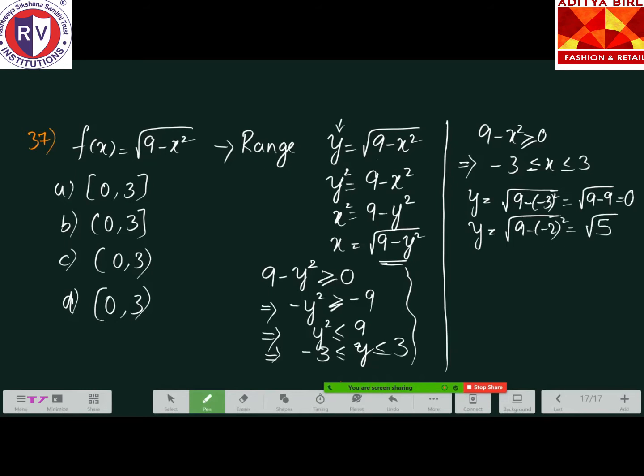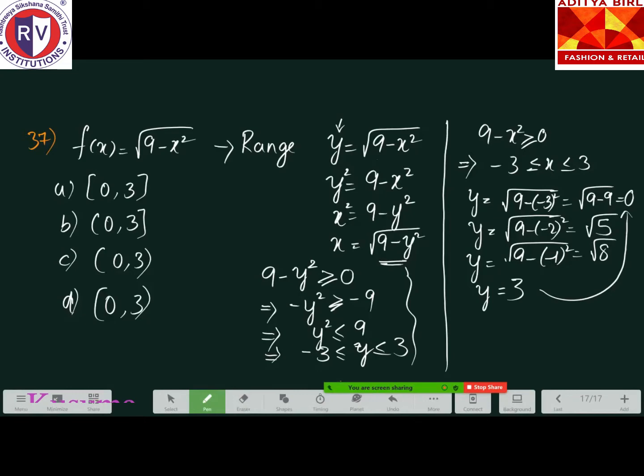Yes, it is root 5. What if I give minus 1? It will be root 8, right? So similarly, when I give x is equal to 0, the value of y will be, sorry, it will be 3, right? The value of y will be 3. Similarly, when I give 1, 2, 3, the value once again goes from 3 to 0.